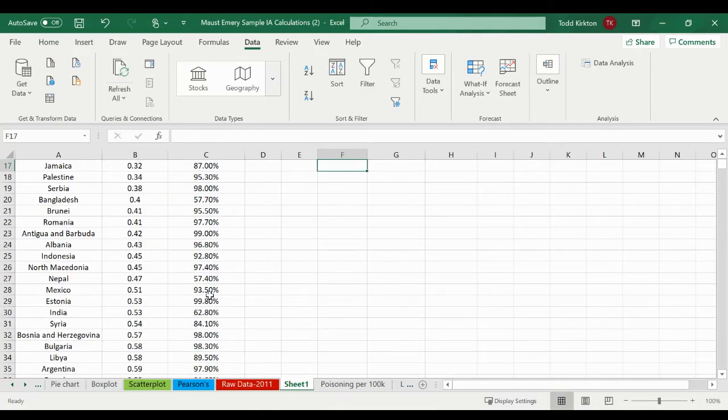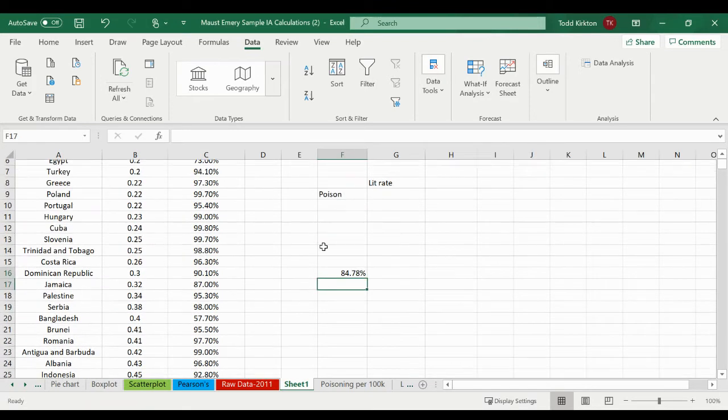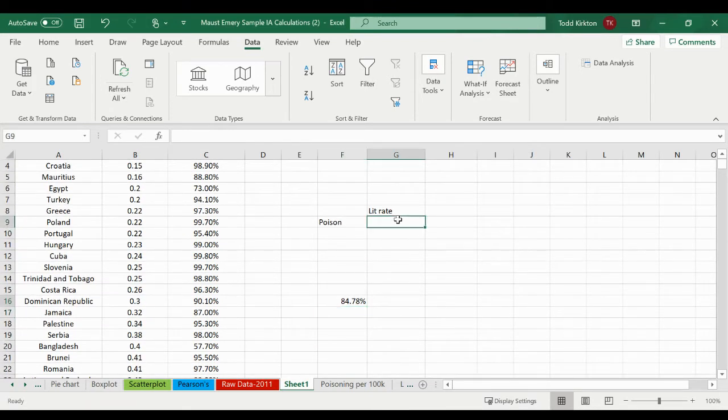You already did it. So the mean is 84.78. So I could set my boundaries because I know those data values are pretty well bunched together. I could set my values for less than the mean and greater than or equal to the mean.